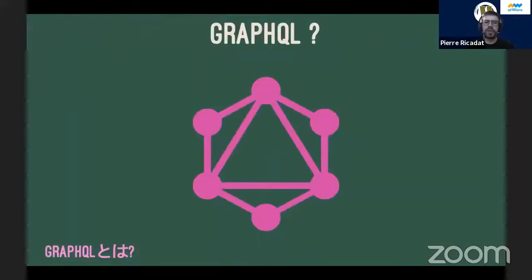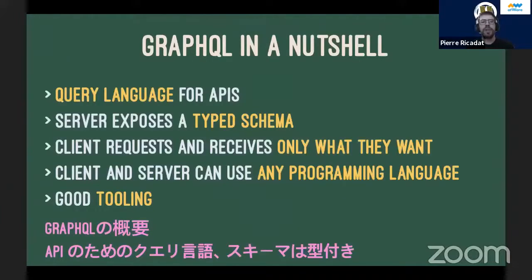So first, let me introduce what GraphQL is, because if you don't know what it is, it might be hard to follow. GraphQL is a query language for creating APIs, basically. If you want to compare it with something, you can compare it to REST.